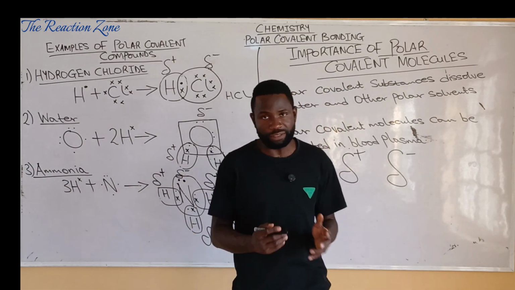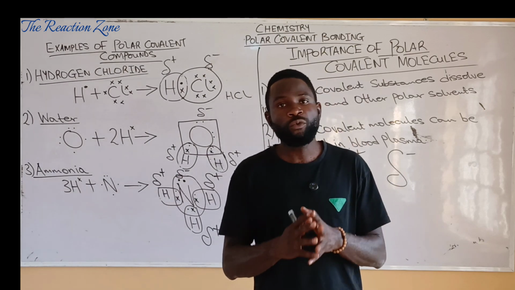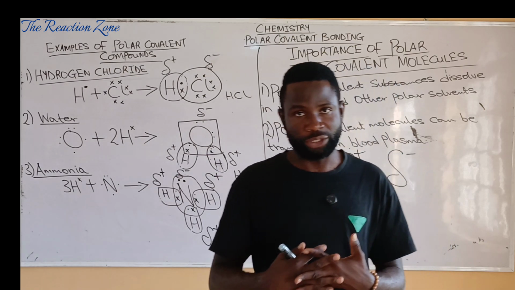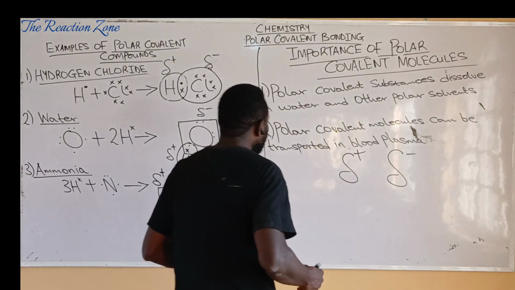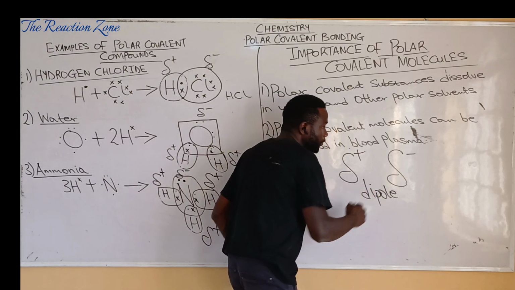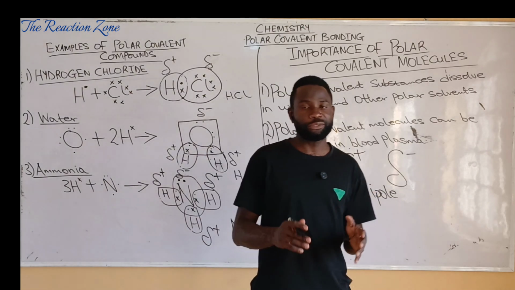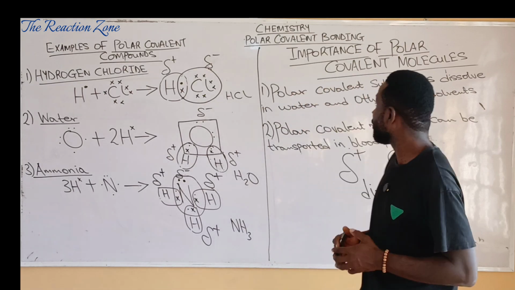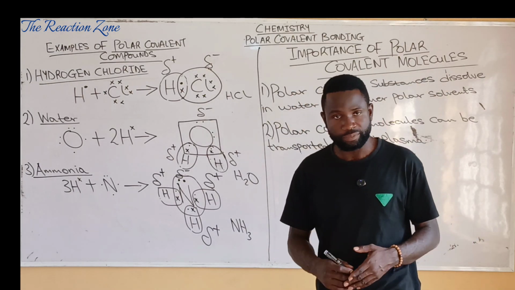So what this means is that the unequal sharing of the bonding electrons results in the formation of a dipole in a compound that is formed by polar covalent bonding.